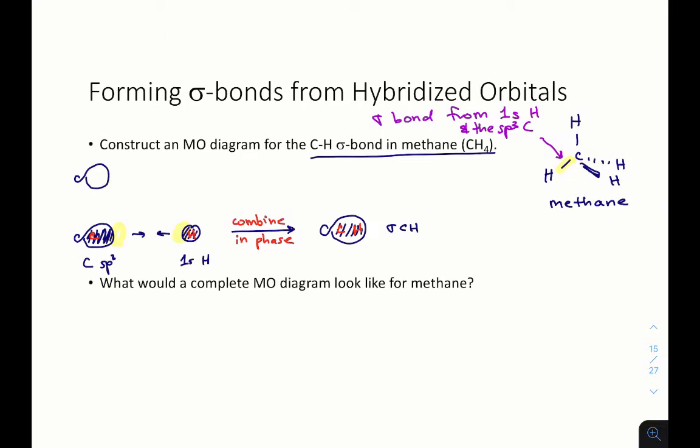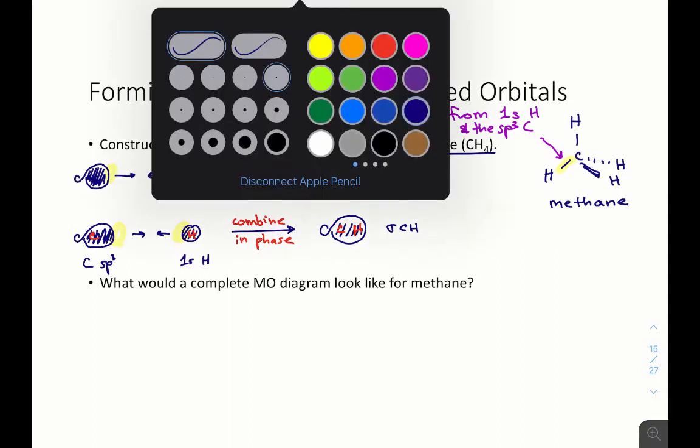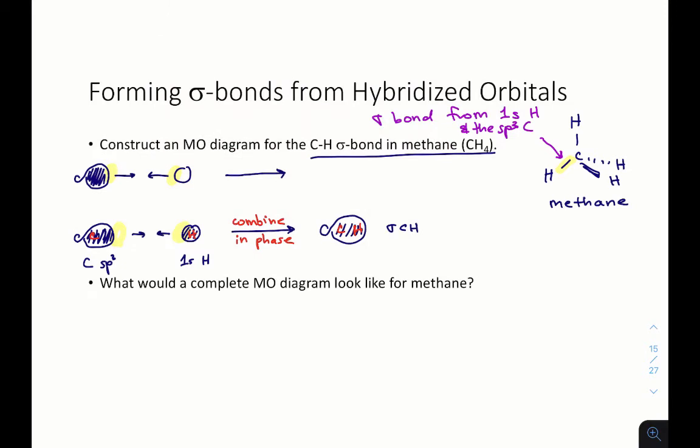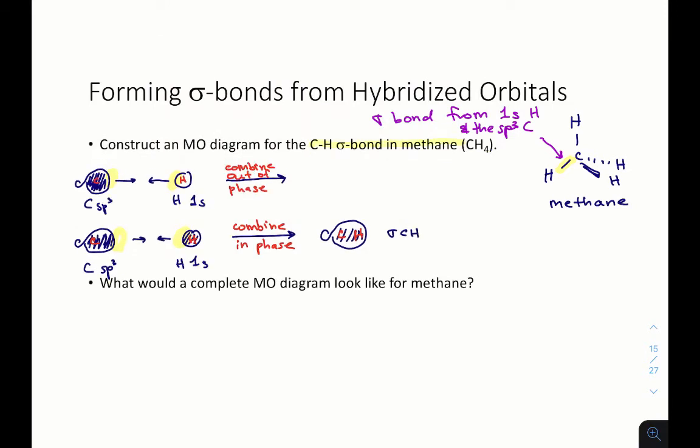As we have discussed, the second possibility is that the 2 orbitals come together out of phase. Where those 2 orbitals overlap between the 2 nuclei, destructive interference will occur. They will cancel each other out. Sigma star CH will result.